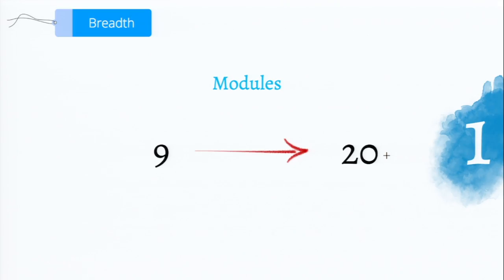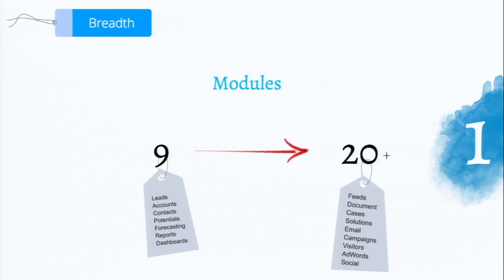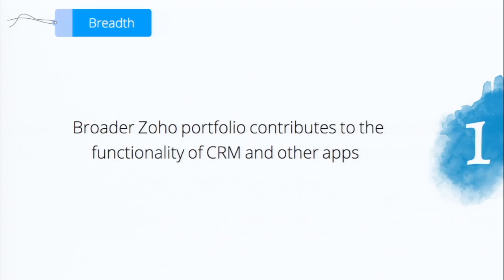If you look at CRM, when we launched first 10 years back, we had 9 modules. Now you see 20 plus modules. The initial 9 modules included the SFA functionality, the Salesforce automation functionality. Later we added the documents module, the cases module, the solutions, the campaigns, email. Now we have 20 plus modules out there. And that is the breadth of functionality within the product.